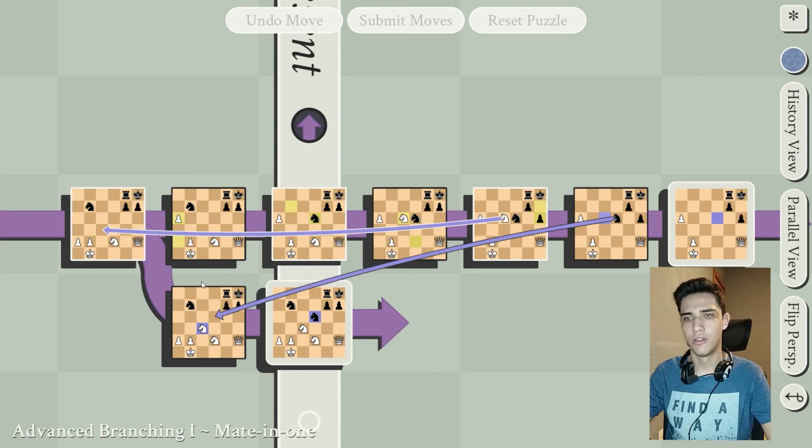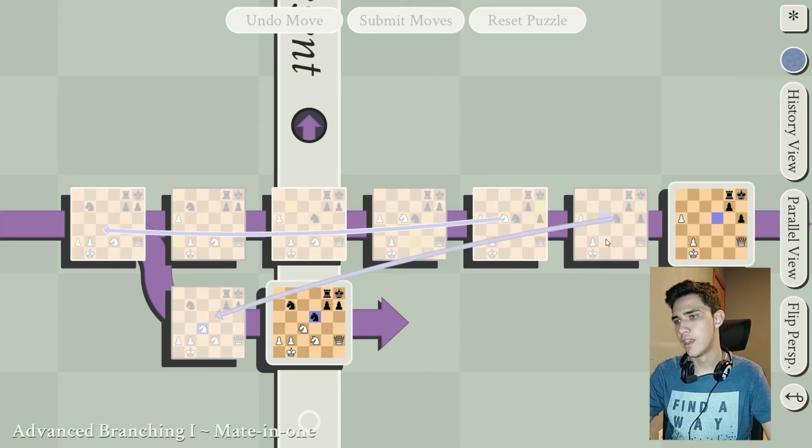and cause a branch. So every time that you travel to the past, to a board that you already made a move on, it creates a branch. If you didn't make the move yet, it doesn't create a branch, like in this one.